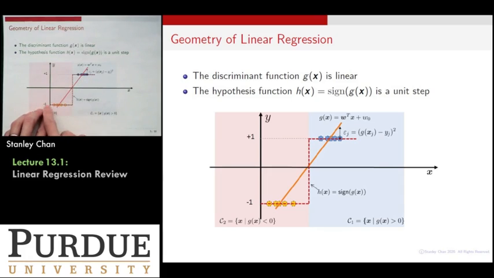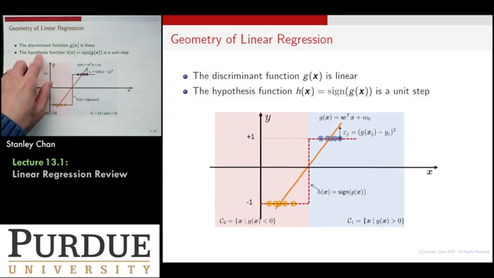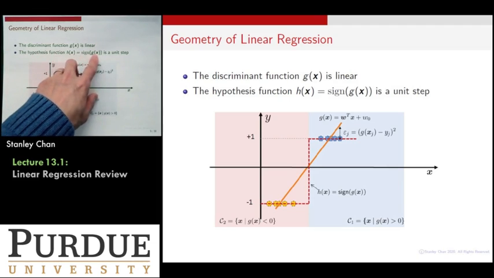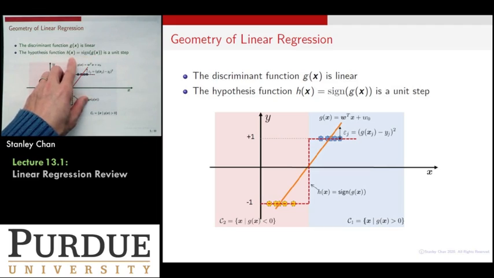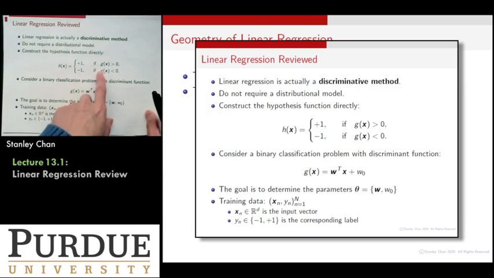Now, the staircase function is what we call the hypothesis function. It takes your discriminant, and then you put a sign, and then you tell whether it's +1 or -1. So that completes the picture: I first compute the discriminant function, and then I calculate the hypothesis.